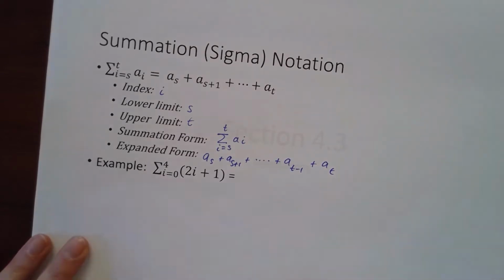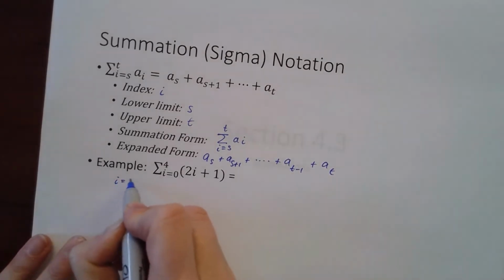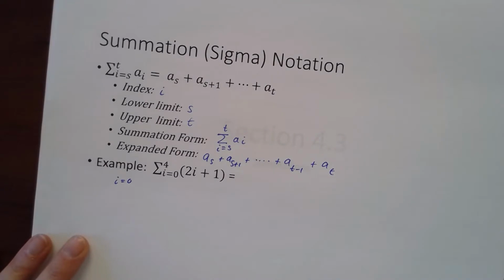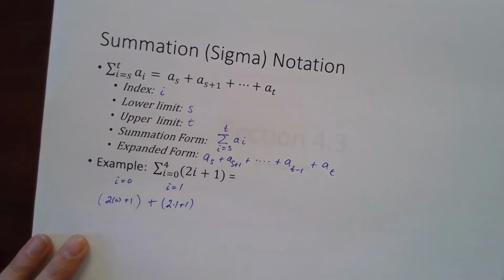So I start by saying, when i is 0, I plug a 0 in there. This gives me 2 times 0 plus 1. That's the value for my first index. Then I add on and go to the next, i equals 1: 2 times 1 plus 1. I haven't reached the upper limit, so I keep going.